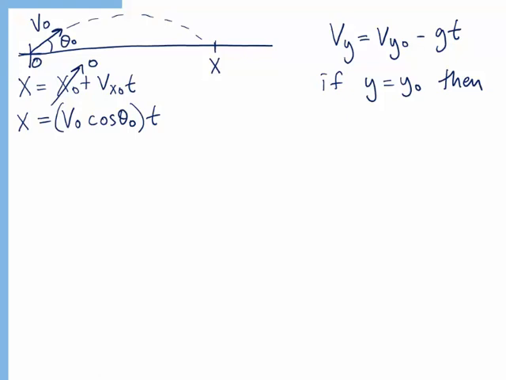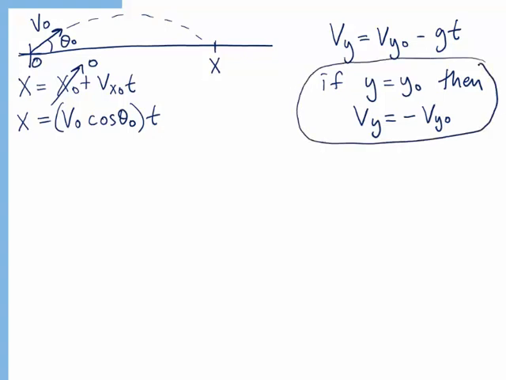Do you know? Well, one is equal to the minus of the other. In other words, if the initial y component is 10 meters per second, the final y component would be negative 10. Notice that's only true when the object starts and ends at the same height.